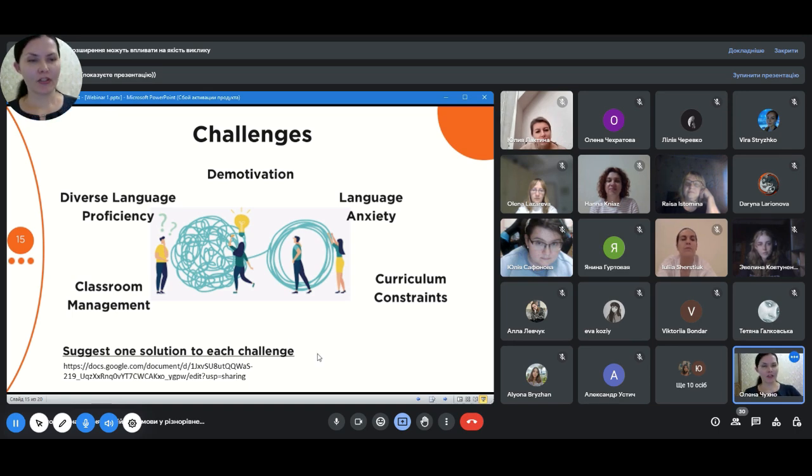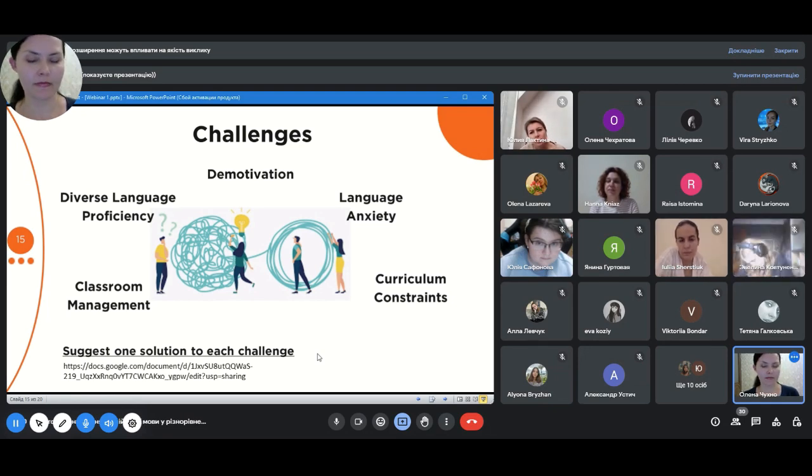Challenges. So, no doubt, when we work with a multi-level group of learners, just imagine your classes, your groups at university, where you have A2 and B2 in one and the same class. So, what issues do we have to deal with? I would say that the first one, the major one, is diverse language proficiency levels. So, as a professional, you need to provide for the needs of every single student in your class.